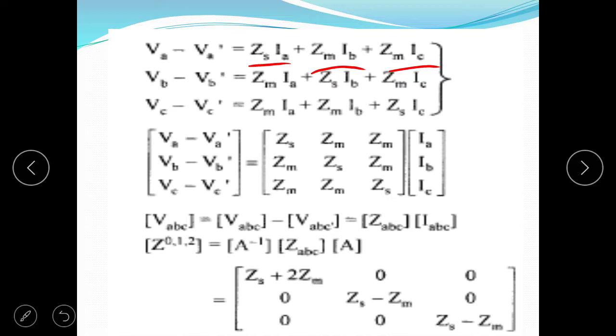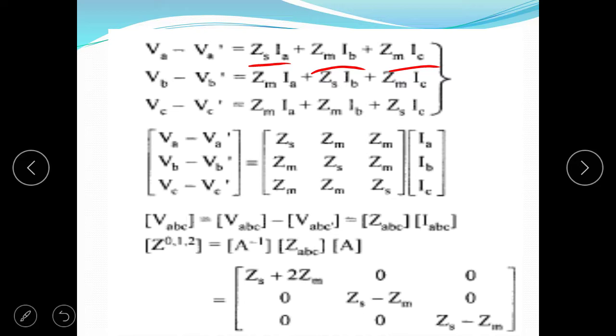But we also consider the effect of mutual impedance, because Zm is the mutual impedance between phase A and B and between phase A and C. So there is a voltage drop due to the mutual current.